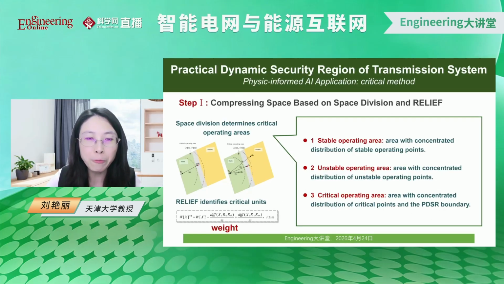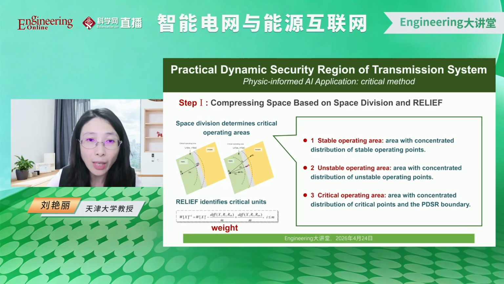So for the first step, you can see the key idea. Actually, the operating area we can classify into 3 divisions. The first, stable operating area, and second, unstable operating area, and third, that's the most important. That means that will be the key part where the boundary is just located.